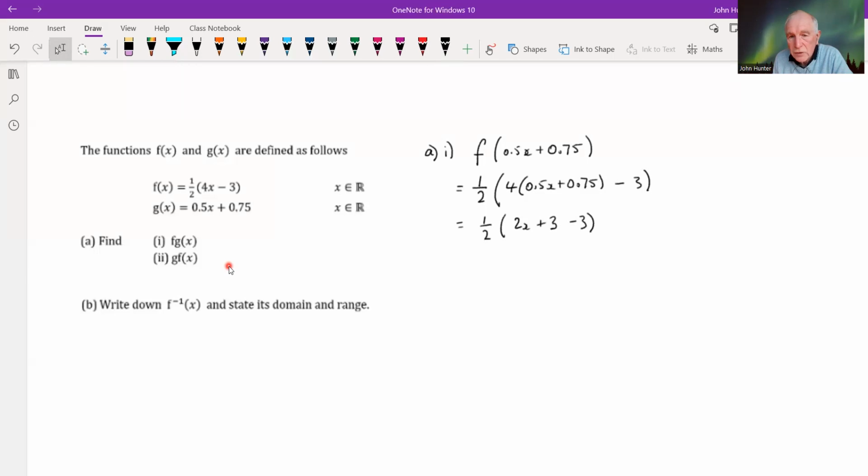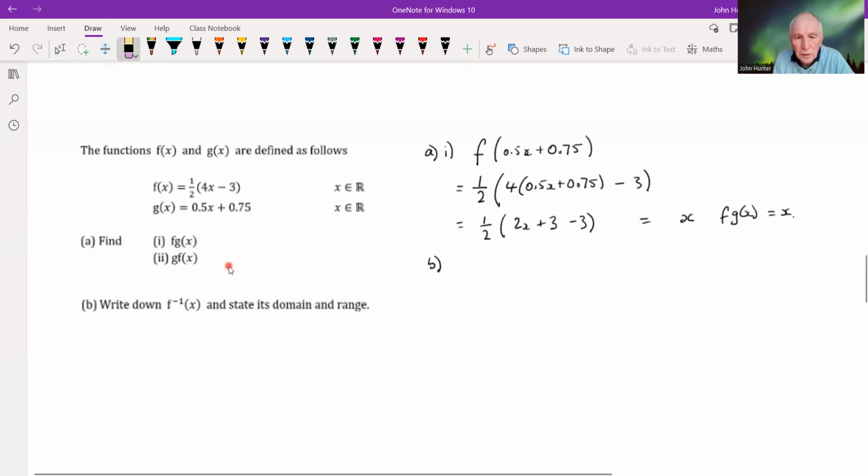So the 3's cancel. The half cancels with the 2. That's going to give us x. Okay, so f of g of x equals x. Now then, let's just work it through and see.